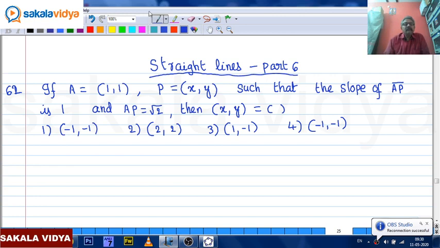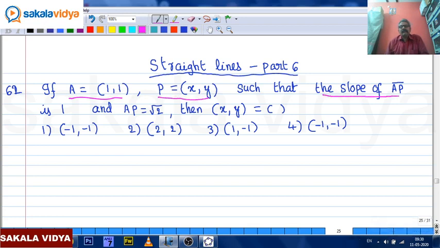So now A equals to 1 comma 1, P equals to x comma y, such that the slope of AP is 1. The distance from A to P is root 2 units. Then x comma y we need to find out.